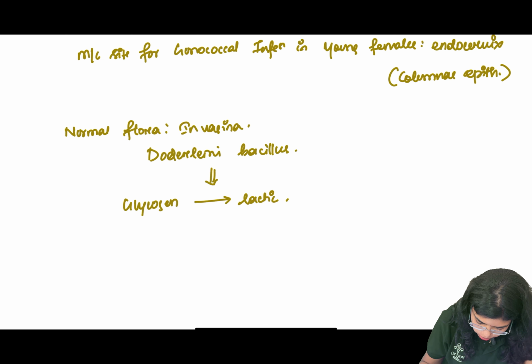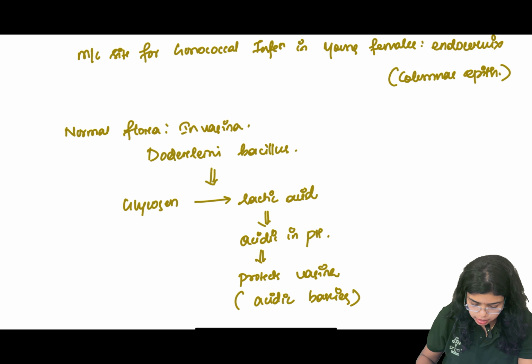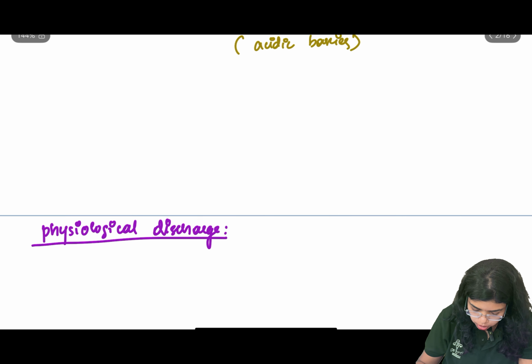Lactic acid is acidic in pH, and hence it protects the vagina by creating an acidic barrier. Understood? So it acts as a barrier for external organisms and hence protects from infection.